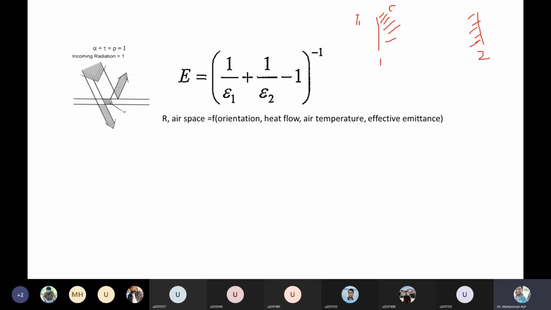So let's say the emissivity of surface 1 is epsilon 1 and the emissivity of surface 2 is epsilon 2. The effect of both we call the effective emittance, and this effective resistance is a function of the orientation, heat flow, and air temperature, right?